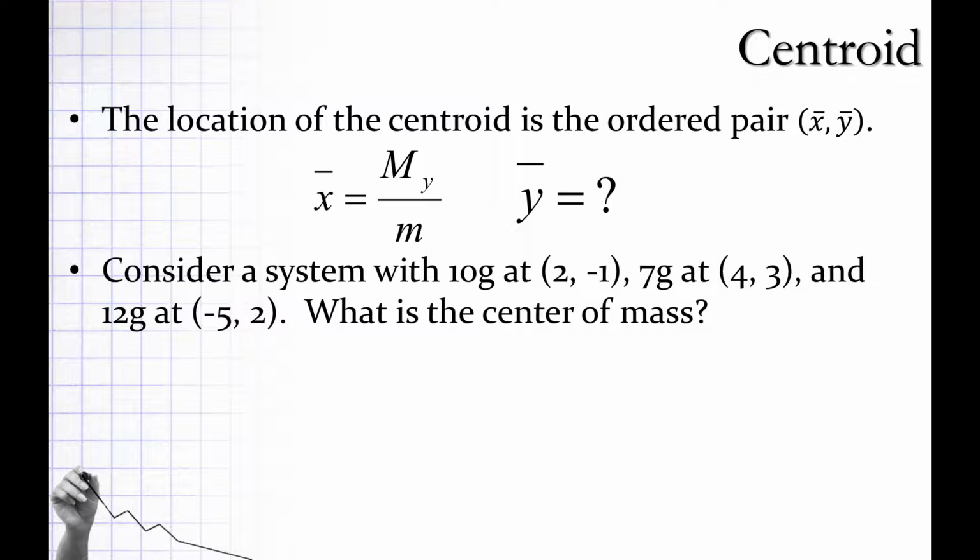We have 4 times 7. And how far away is 12 grams from the y-axis? -5. So -12/29 would be our x coordinate.